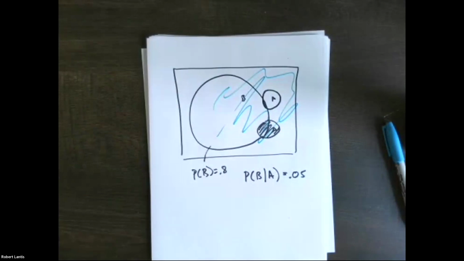Okay? So this might be something like, if I choose a person at random, the probability that they are over 6 foot is, I don't know the exact numbers, but let's say it's 0.2.